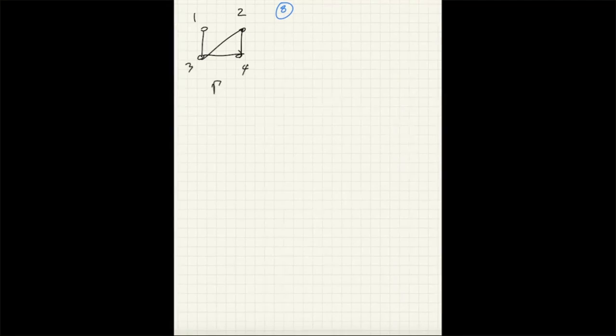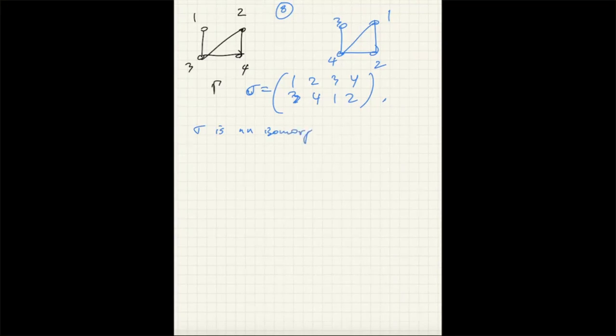This is gamma, and the permutation sigma. Now, one thing that is clear is that sigma is an isomorphism from gamma to gamma prime.